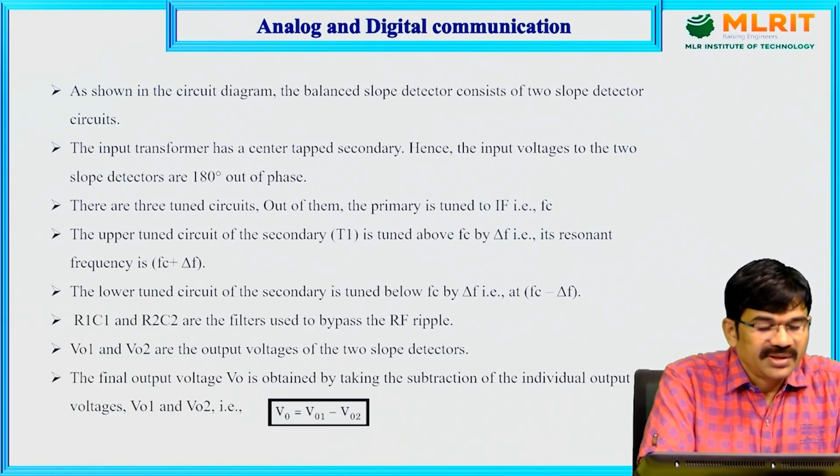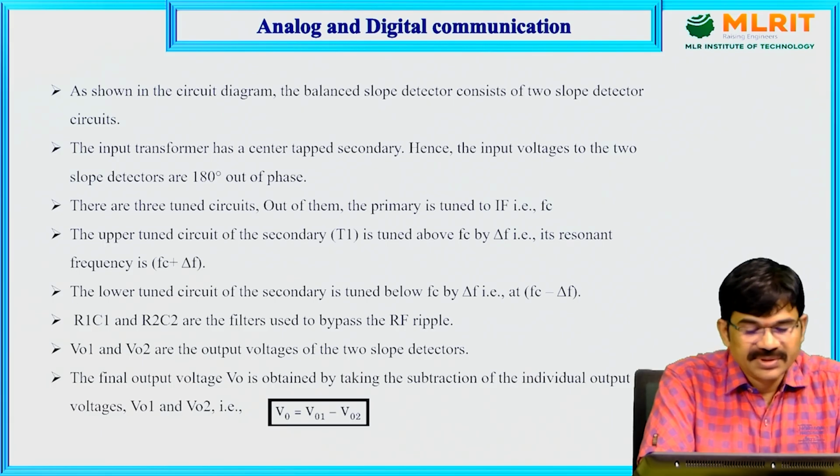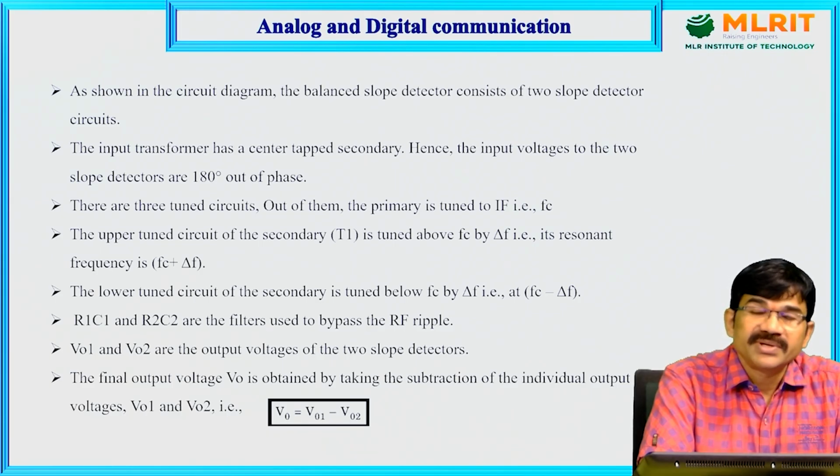The upper tuned circuit of the secondary is tuned above fc by delta f, that is fc plus delta f, and the lower tuned circuit is tuned to fc minus delta f. So the primary is tuned to the carrier frequency fc, the upper to fc plus delta f, and the lower to fc minus delta f.